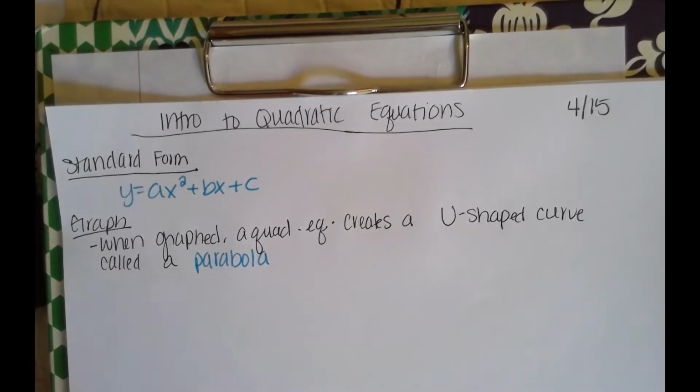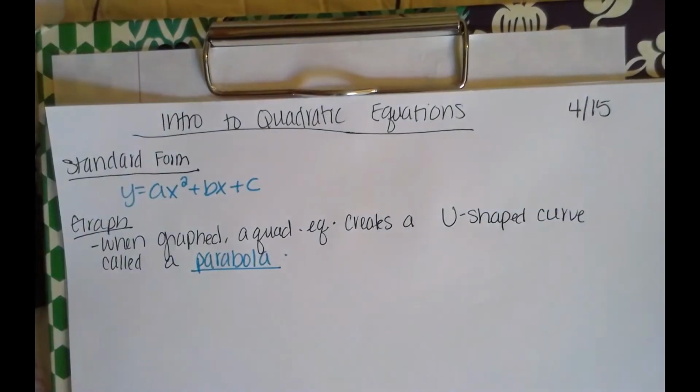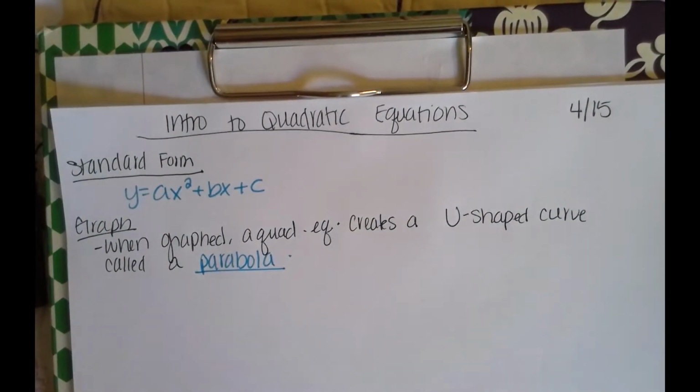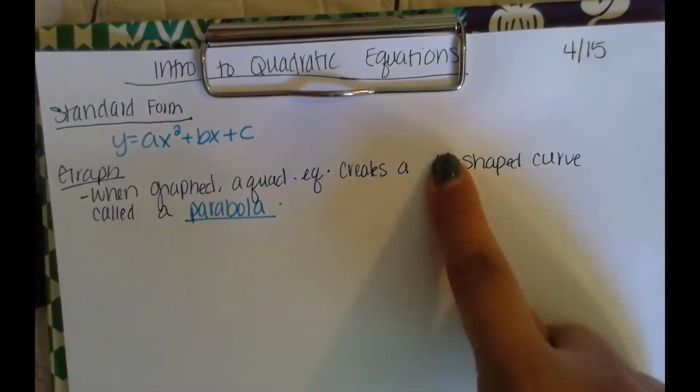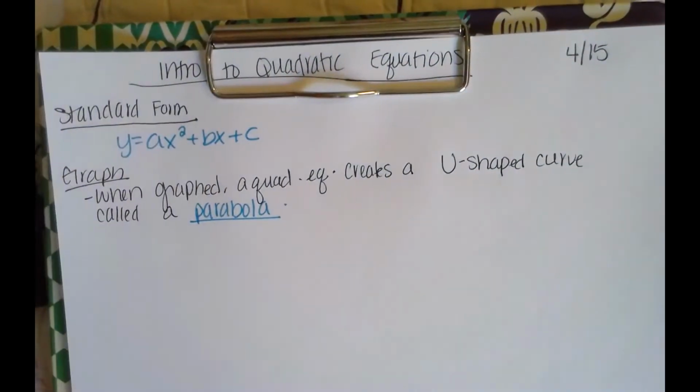That is how a lot of quadratic equations are known, because they're known as the parabola. They're a U-shaped curve, either right side up or upside down.